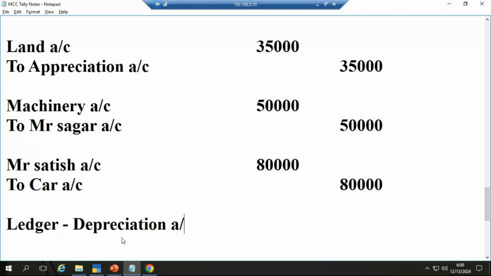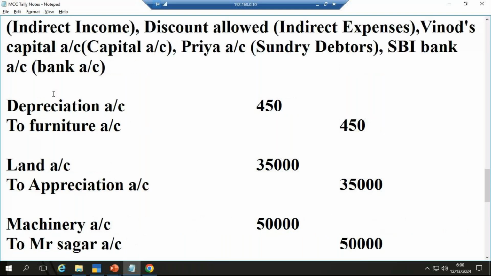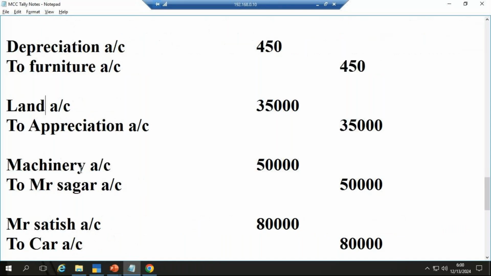Depreciation account comes under indirect expenses, then appreciation account comes under indirect income. Already we have a furniture account, so no need of creating it. So we have to create land, machinery, and car accounts.